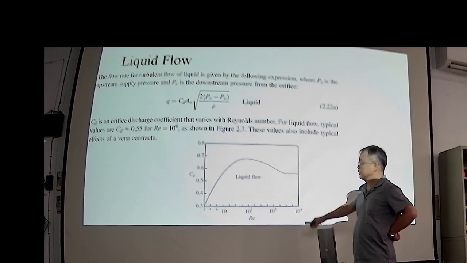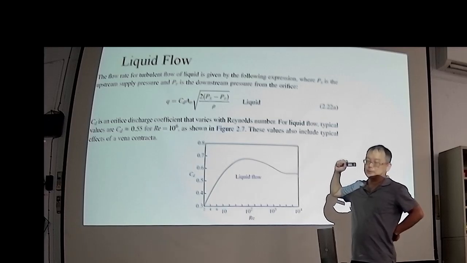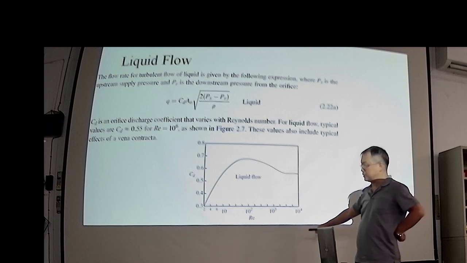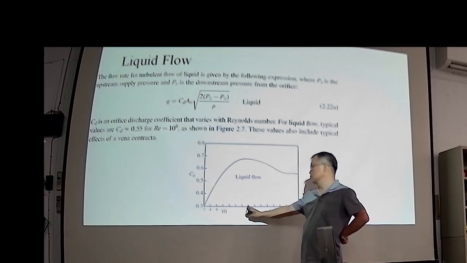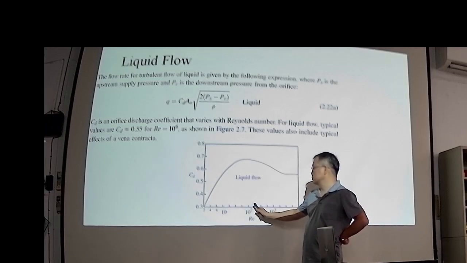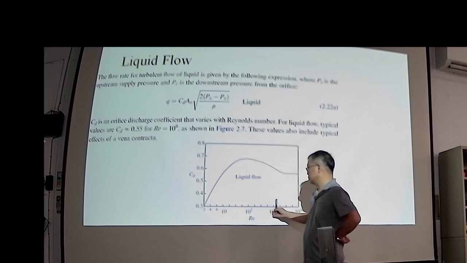You will see for the orifice restrictor, it's a turbulent restrictor. So the Reynolds number will be more than 2,000. This is 1,000. This is 2,000. So the Reynolds number should be greater than 2,000.